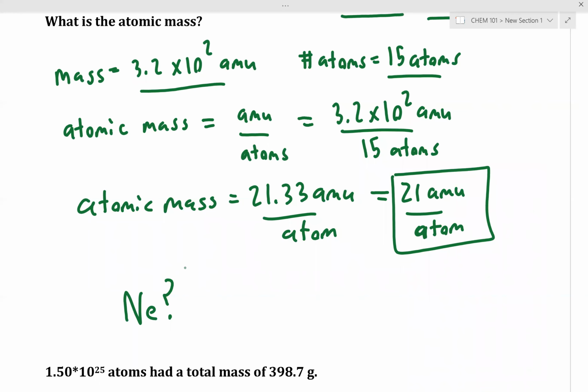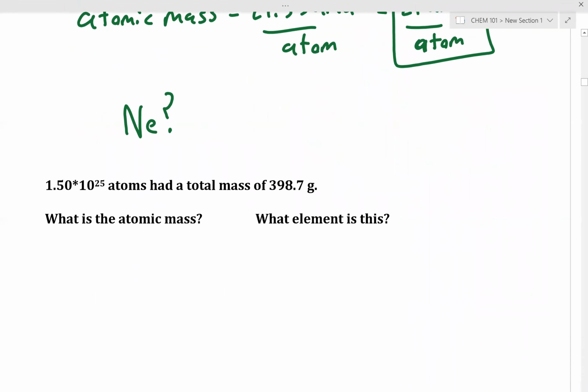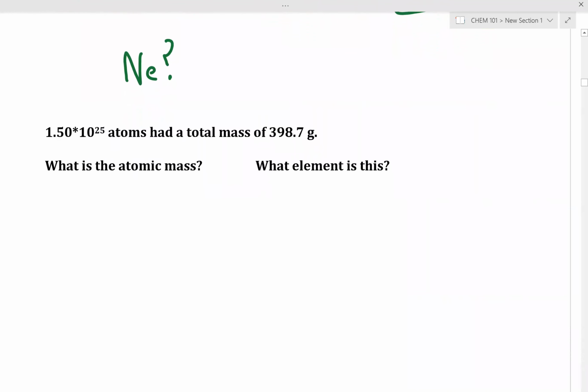Okay, now that we've discussed how to calculate the atomic mass, I'd like you now to take a try on the following problem. So we're given that we have 1.5 times 10 to the 25th atoms, and they have a total mass of 398.7 grams. So I'd like you to tell me the atomic mass.